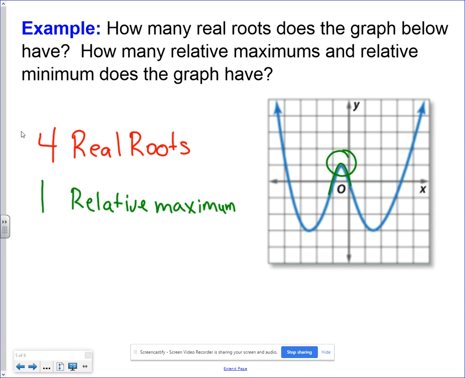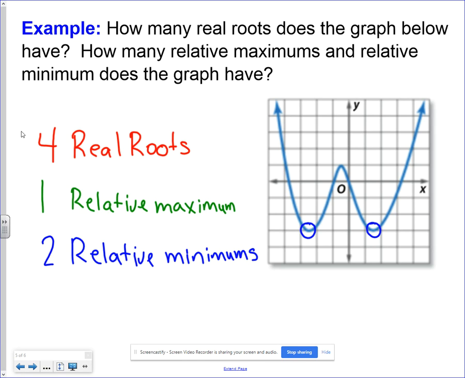And now, how many minimums does this graph have? Relative minimums. Those are like the valley ones. Well, we got 1 here, and we got 1 here. So it has 2 relative minimums.